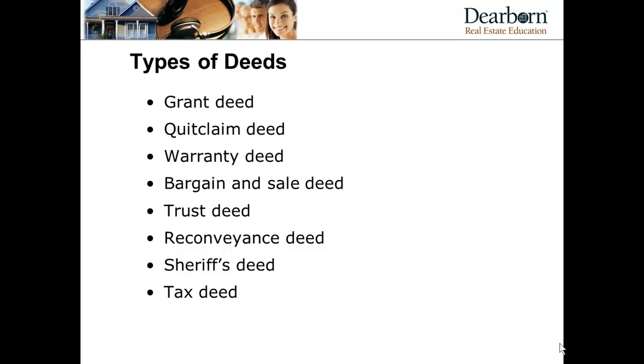The trust deed you'll see with mortgages. So that's the deed that's used to transfer the property to, in California, what's called a trustee. So if I buy property and I take a loan out, then I am the trustor. I transfer that deed to a third party, to the trustee, who holds it for a beneficiary.